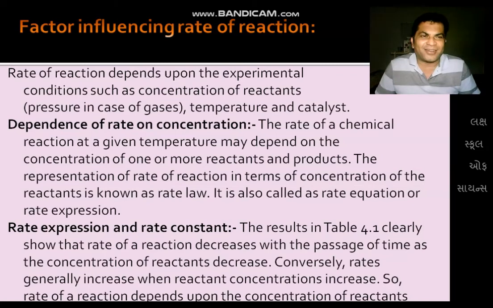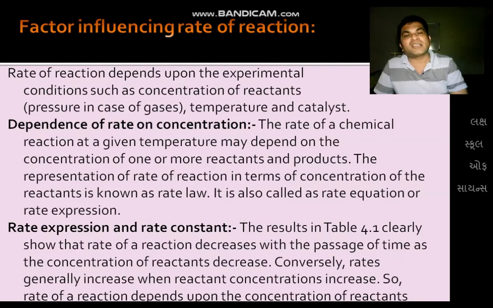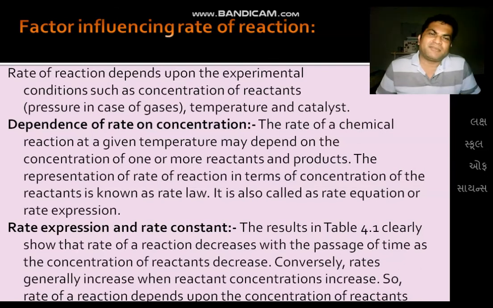Only these three things: first depending on the concentration, second on the temperature, third on the catalyst, and then the lesson theory will be completed. But the temperature-dependent part has 70 sums.